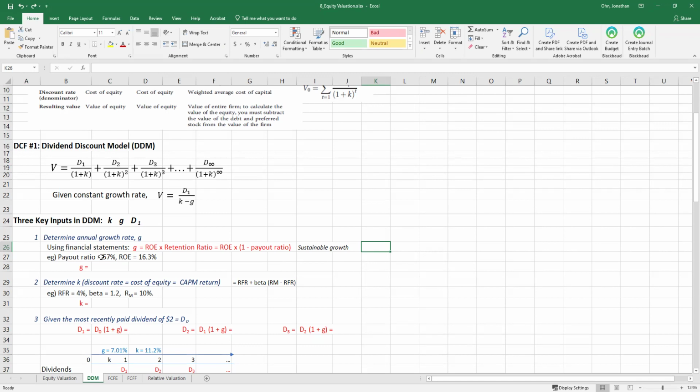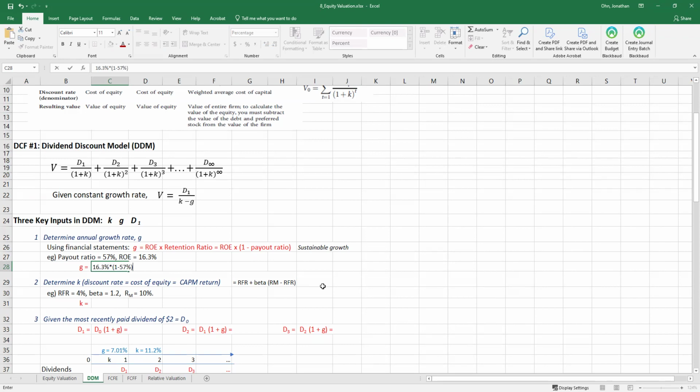All right, for example, payout ratio is 57%, and return on equity is 16.3%. As I said, this sustainable growth based on the financial statement is return on equity times retention ratio. So you can calculate this way. Return on equity is 16.3% times 1 minus payout ratio 57%.